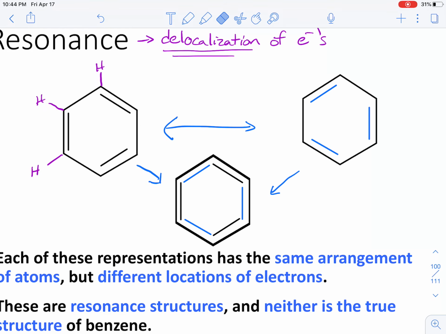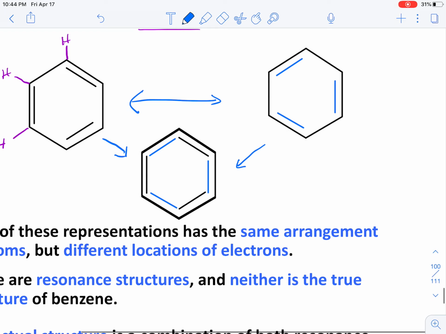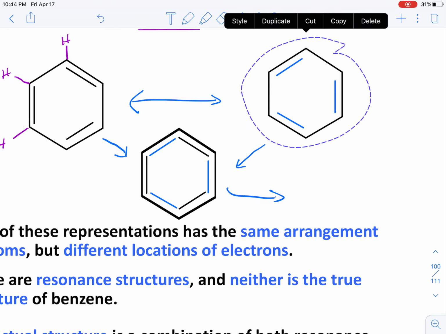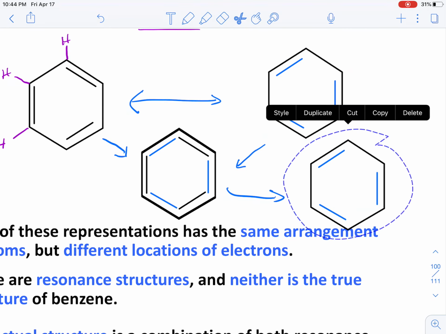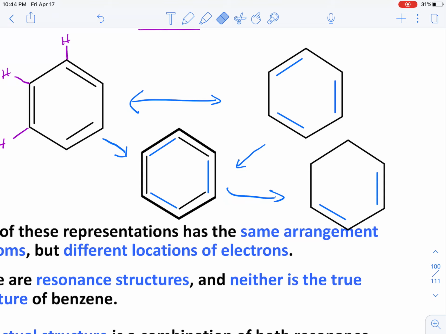And so we can go ahead and summarize this. You don't have to draw this all fancy, but we can summarize all of this by putting a ring inside our cyclohexane, our hexagon.